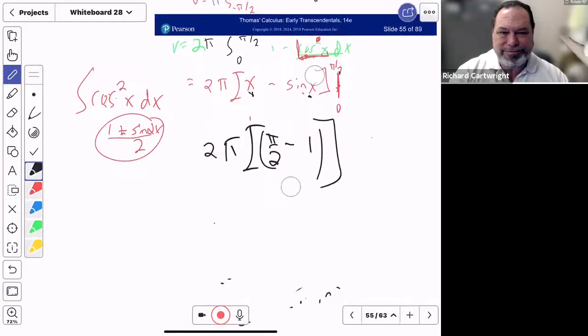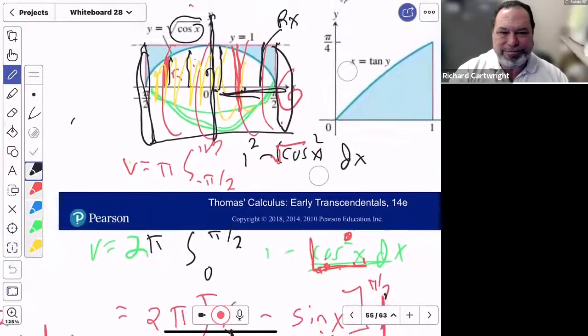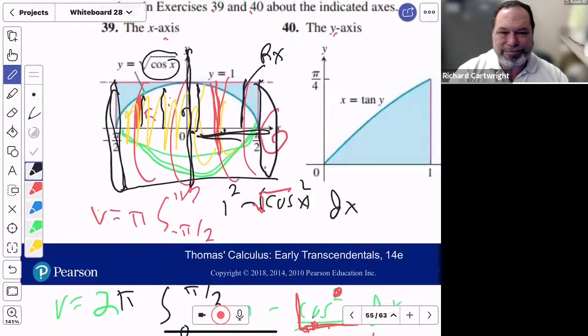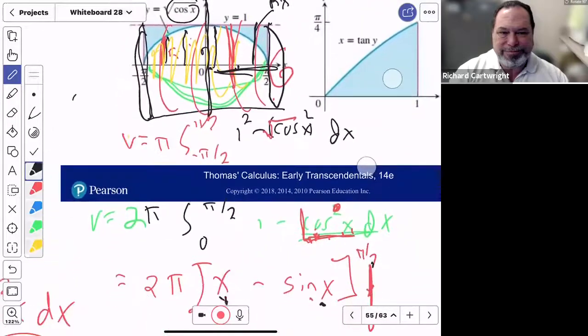Are my limits correct? Are my limits correct? I think so. I think it is 0 to pi over 2.